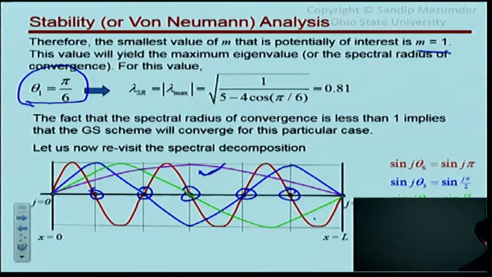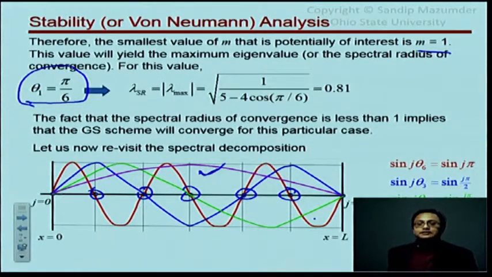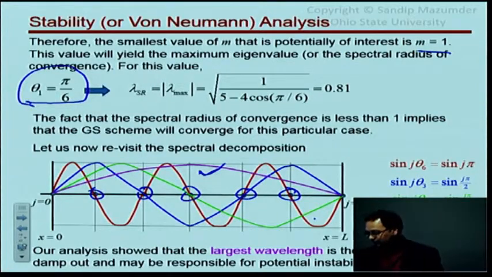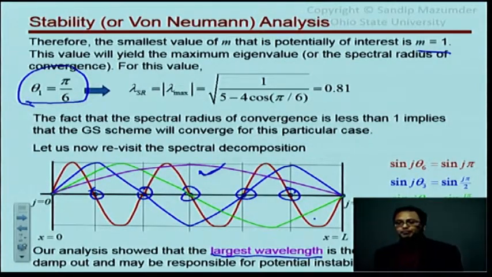But your point is well taken that this example is for this particular Gauss-Seidel scheme, second order ordinary differential equation. But it helps us to understand what's happening. Any other questions? So remember this, that m equal to 1 is always our culprit, and that corresponds to the largest wavelength.